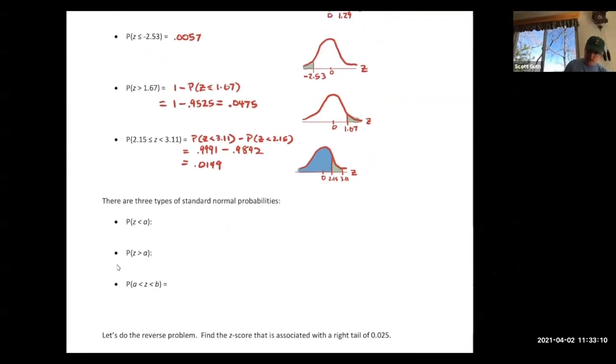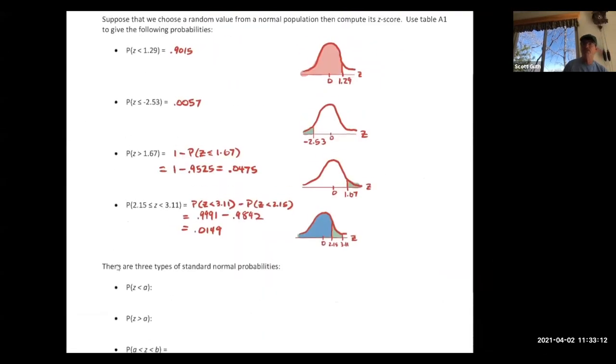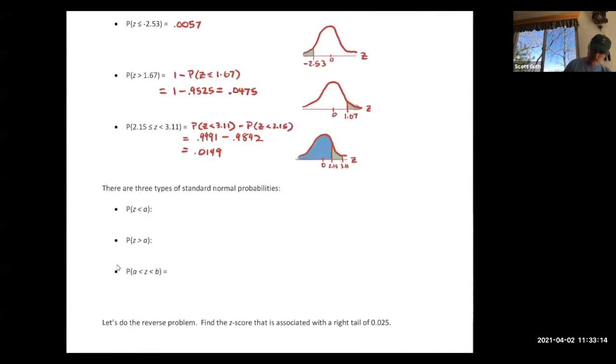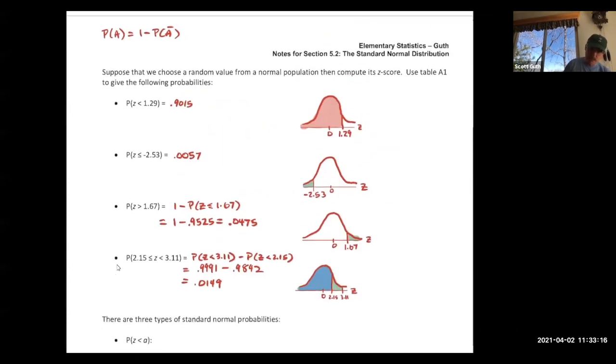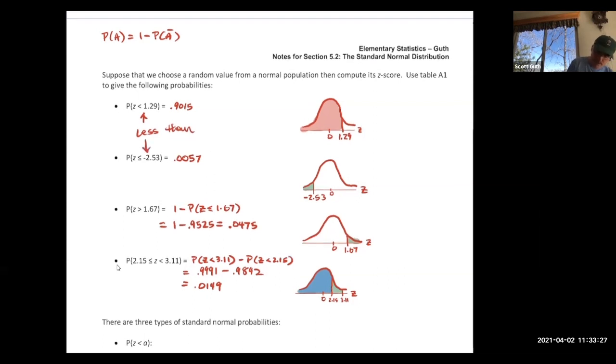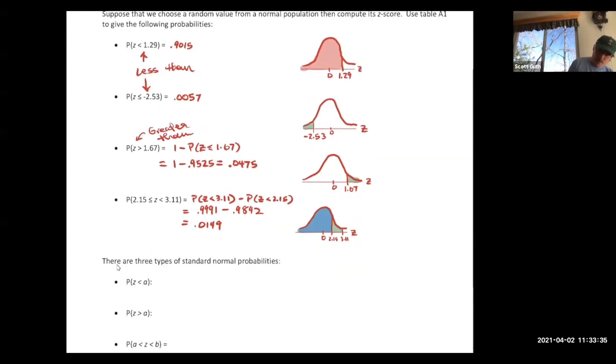All right, so how are we doing? 11:33. All right, let's summarize the three different scenarios. We have the less than problem, both of the first two. Then next we did greater than. Then we did in between.